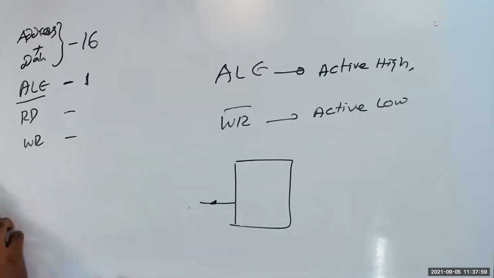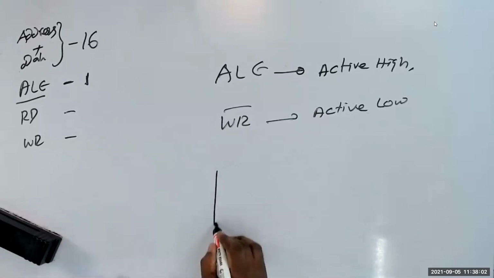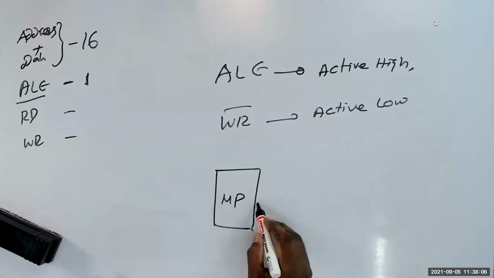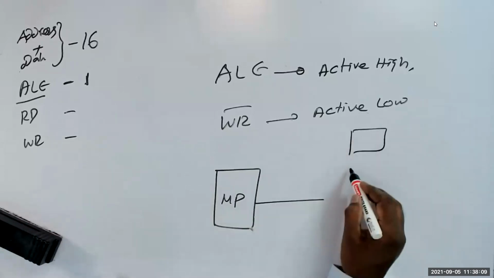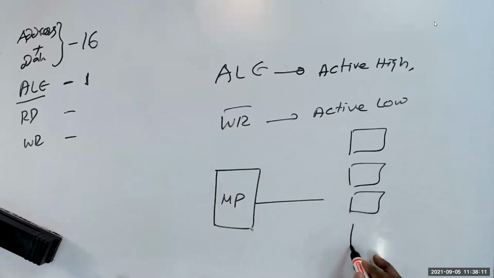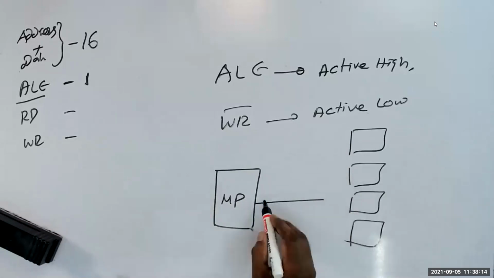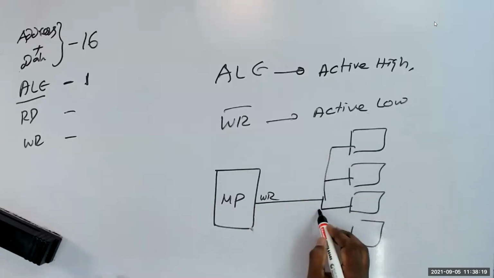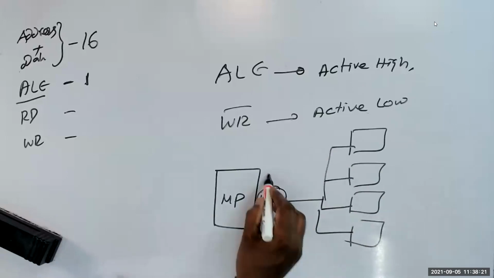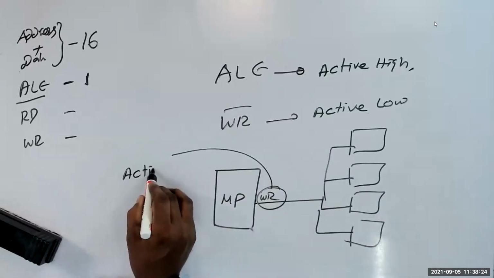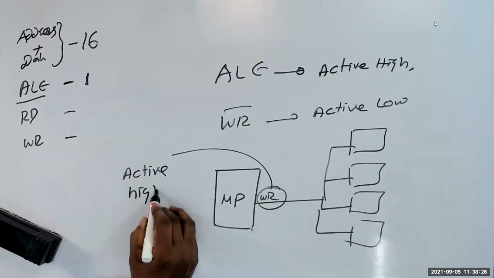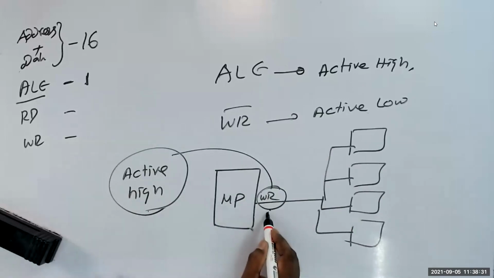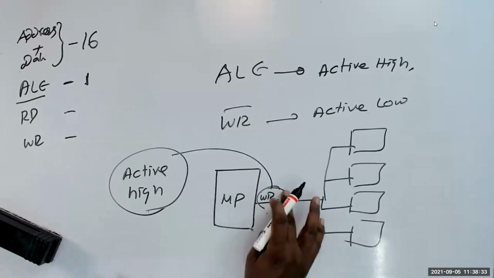Now let us assume that I have one microprocessor connected to multiple ICs. Let's say I connect 4 ICs. Normally it is more. This write signal is connected to all of them. Let us assume write is active high. When it is active high, most of the time this is going to be inactive.